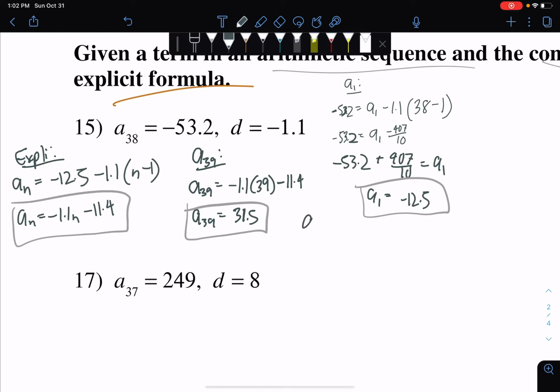A while ago, I've been basing them in fractions, just to show you the flexibility of mathematics. Okay, so for a sub 40, we just replace our n value. A sub 39 is negative 31.5. I forgot to place the negative sign.